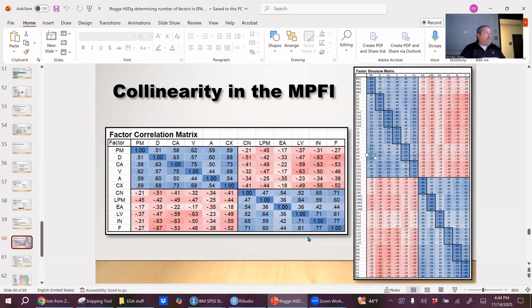So now I'm going to show output from that same EFA on the MPFI. Over here is the structure matrix. So that's how each item correlates with each factor, raw zero order correlation. And you can see the positive dimensions of flexibility all correlate with each other quite a bit. And the negative dimensions of inflexibility all correlate with one another quite a bit.